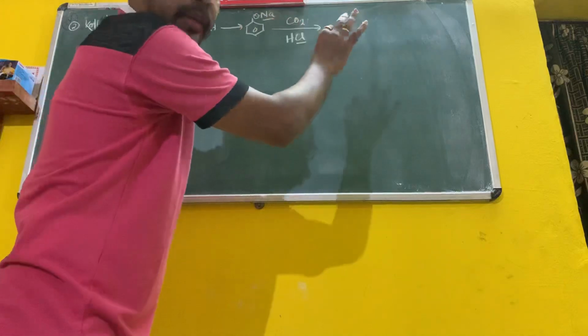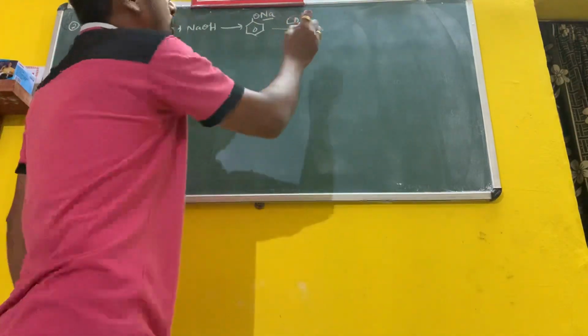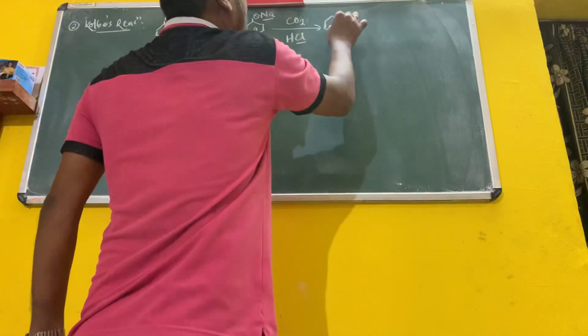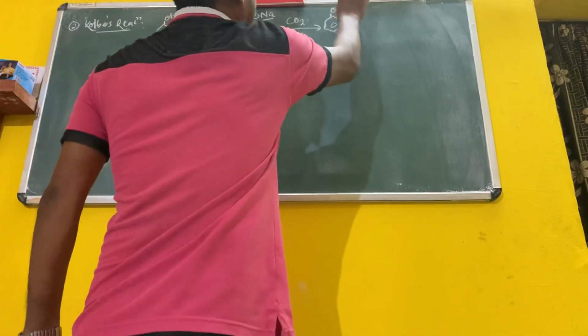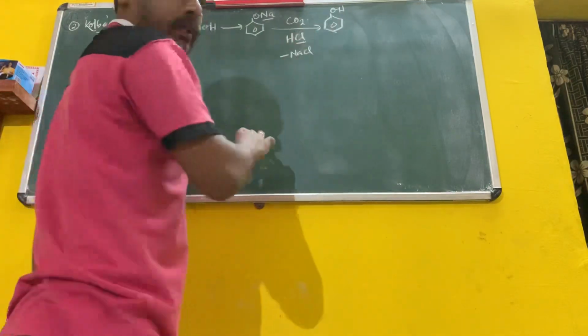Here all corners having the H, so COOH. You put the COOH. What will be the product? Here the product is OH. HCl removed means NaCl minus NaCl.